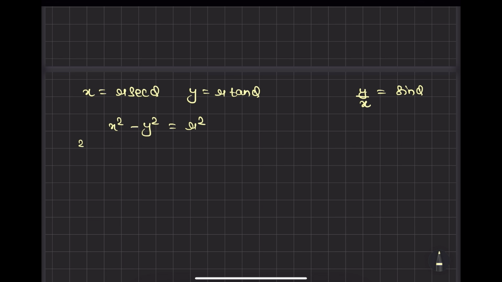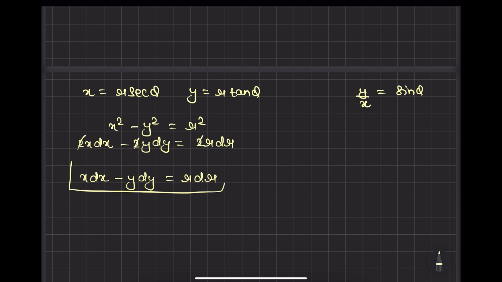So we have 2x dx minus 2y dy is equal to 2r dr. Now can I divide both sides by this 2? Done. So we are left with x dx minus y dy is equal to r dr. So this is your first part.